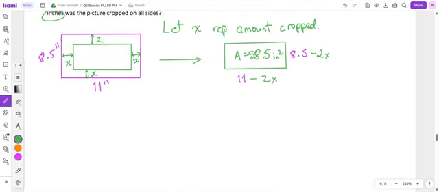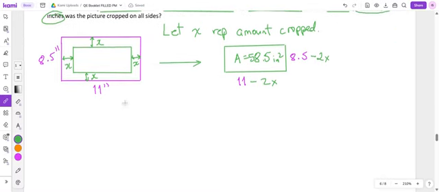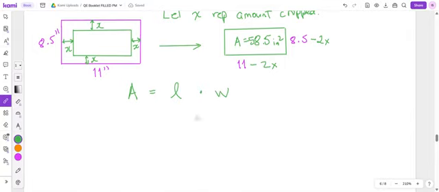Okay, now we're not going to solve it, but I want us to write the equation. So I can use this middle information, this area information, to write an equation. We're working with a rectangle. The area of a rectangle is length times width. Do I know the area?